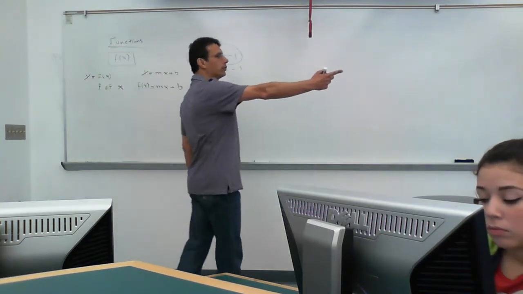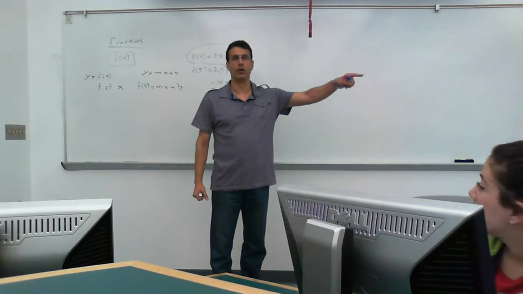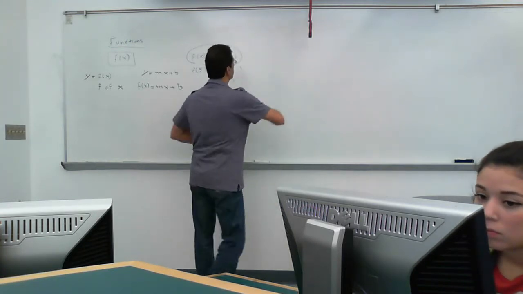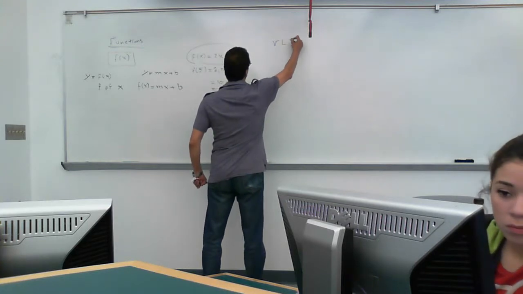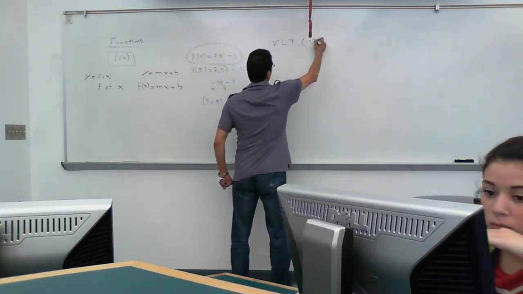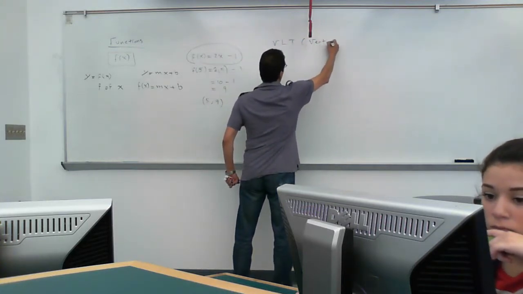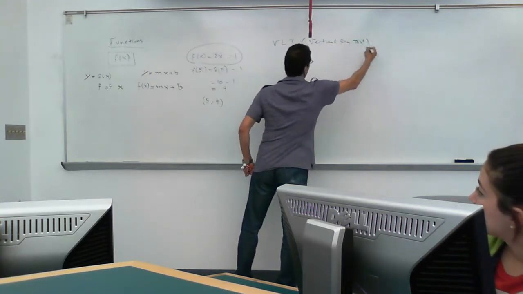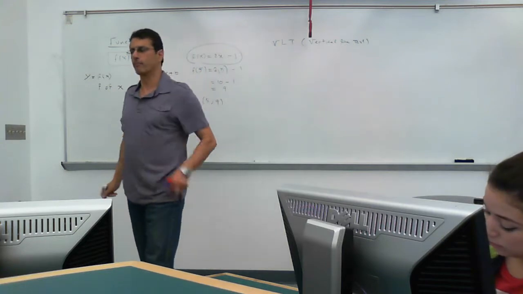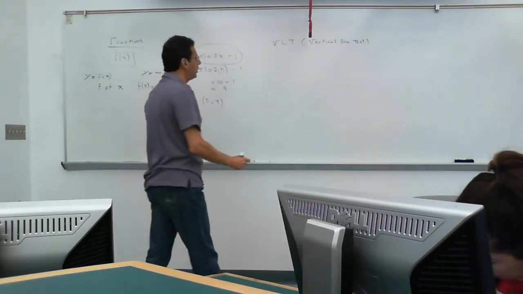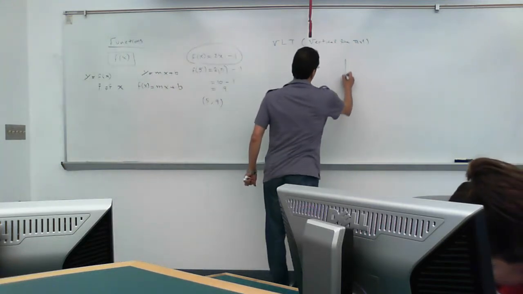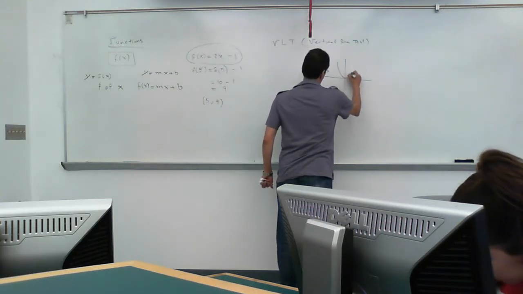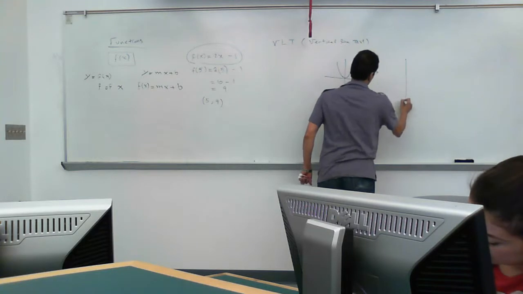So one way to recognize you have a function, when you graph it, what is it that you need? Vertical line test. VLT, short for vertical line test. If you're looking at the following graphs, simple case first.